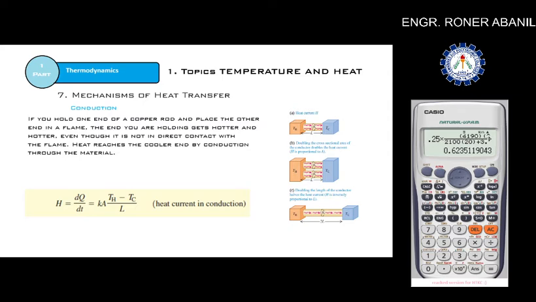Kahit hindi naman nakadirekta na hinahawakan mo yung apoy is mafe-feel mo yung init. Okay? So, heat reaches the cold end by conduction through the material. Okay? So, on the atomic level, the atoms in the hotter region have more kinetic energy on the average than their colder neighbors.